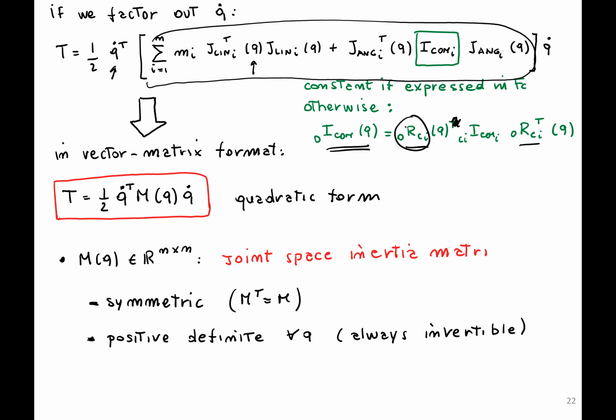This, you remember, leads to the definition of a positive definite matrix. So M is not only symmetric, but also positive definite, and this means that it's always invertible, no matter the value of q we compute M. This means one important fact: we are able to isolate the acceleration in our dynamic computations. We are always able to isolate it.